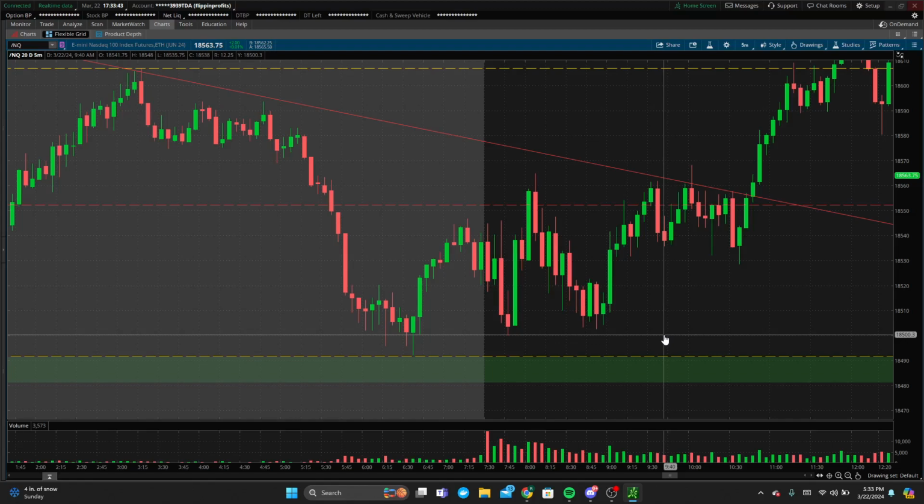And I realized that on NQ at least, it's kind of these increments of 100. So you see that this is 18,500, touch that to the cent before getting a massive move out of there.